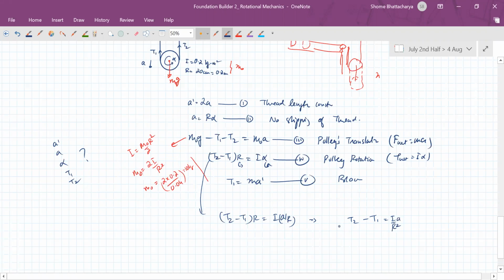Okay, so this is my equation 4 in a modified manner.